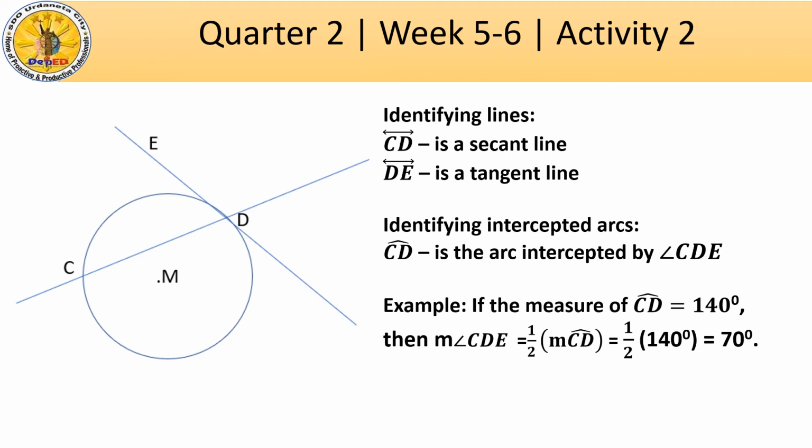So by simplifying, the measure of CDE is equal to 1/2 the measure of the intercepted arc. So 1/2 of 140 degrees is equal to 70 degrees.